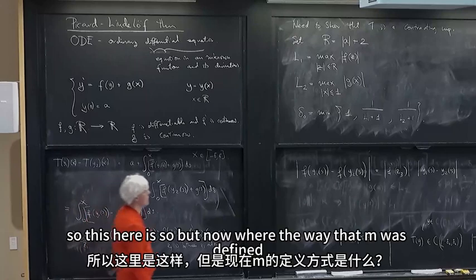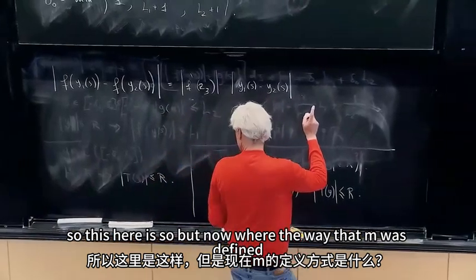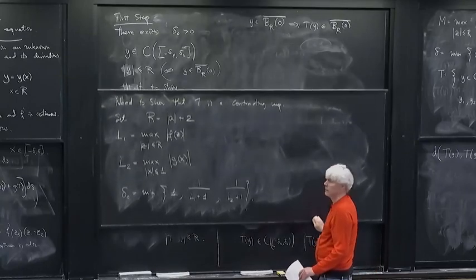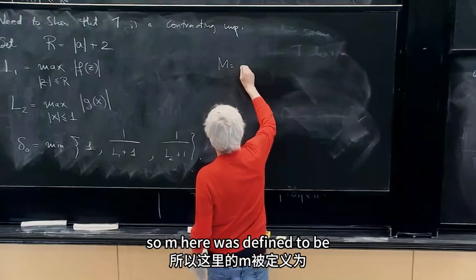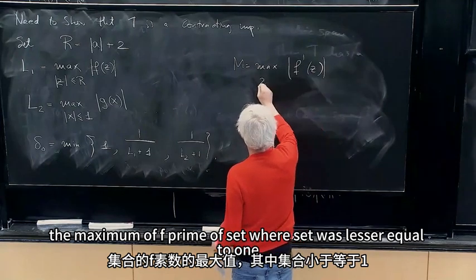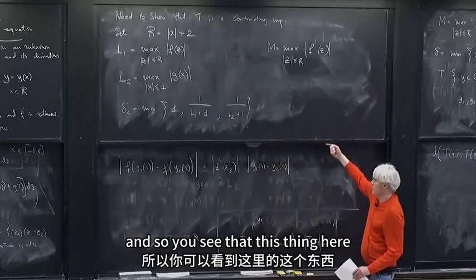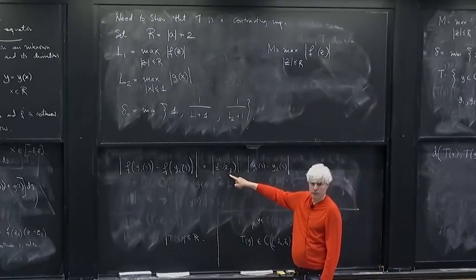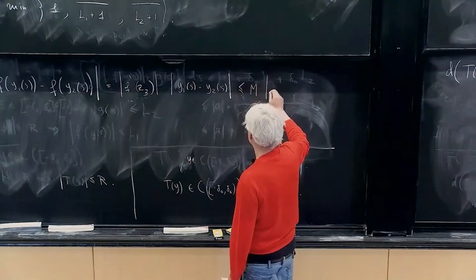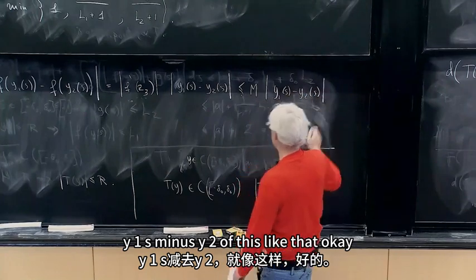Now, M was defined to be the maximum of f prime of z, where the norm of z is less or equal to r. So the derivative is bounded by M, and this thing is less than M times y1 of s minus y2 of s.